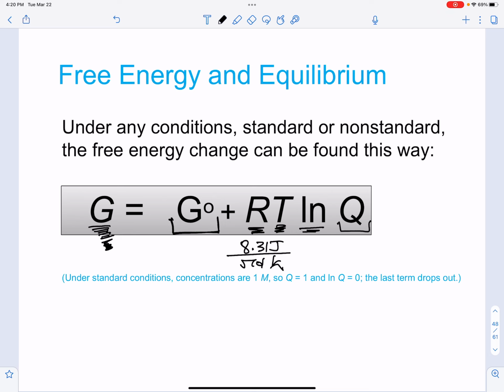And for the purpose of standard conditions, we're going to say that the molarity equals 1.